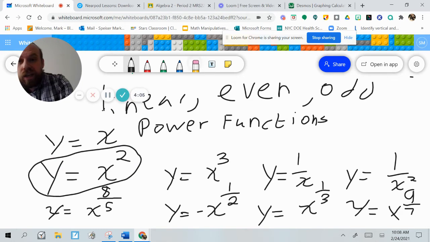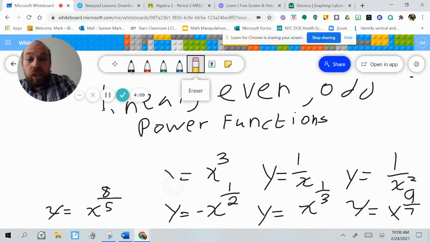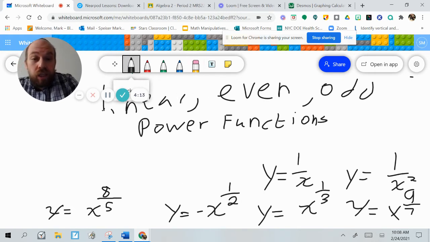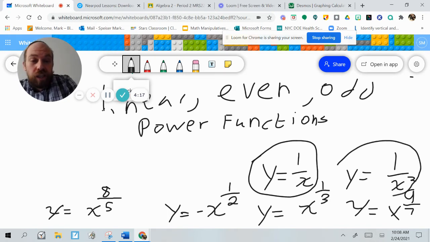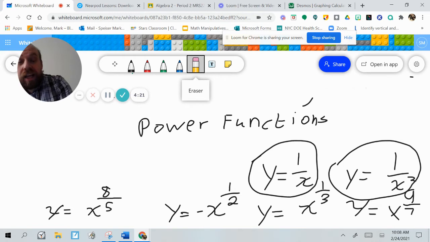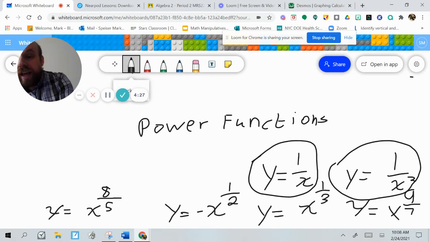Now let's go into negative exponents. So we've done the linear case, we've done the even case, we've done the odd case. Now let's look at the 2 rational cases. It doesn't matter, all negative exponents, because 1 over x is the same thing as x to the negative 1.